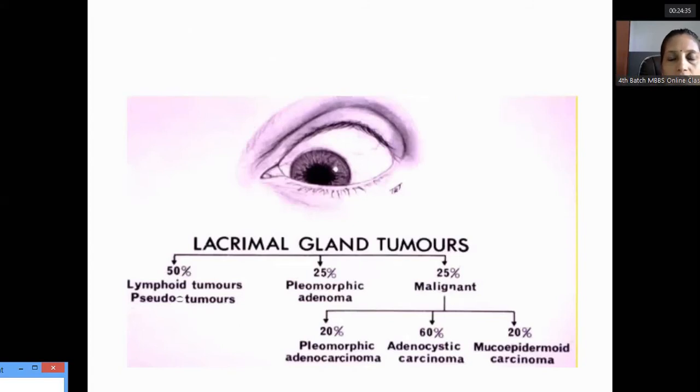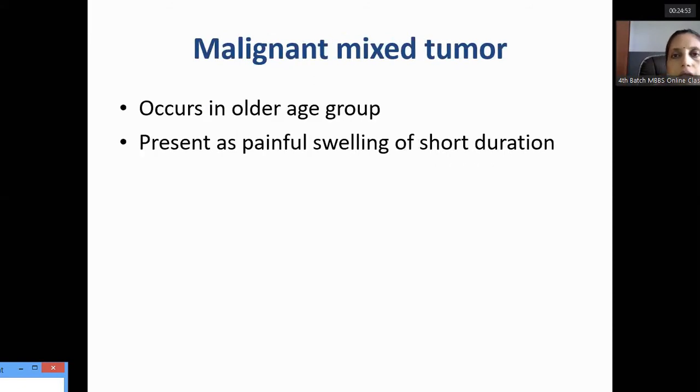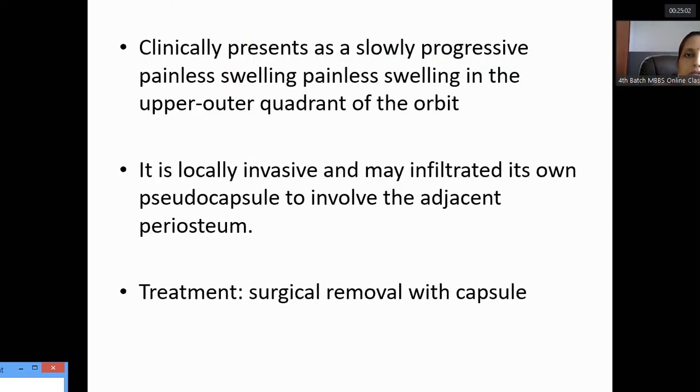So if there is any swelling, any proptosis, we have to think of it. Benign mixed tumor is known as pleomorphic adenoma and occurs predominantly in young adult males. Malignant mixed tumor occurs in the older age group and presents as a painful swelling of short duration. So it's a painful swelling.